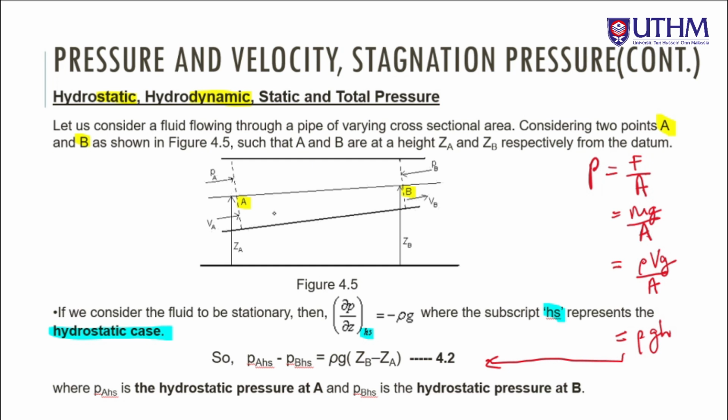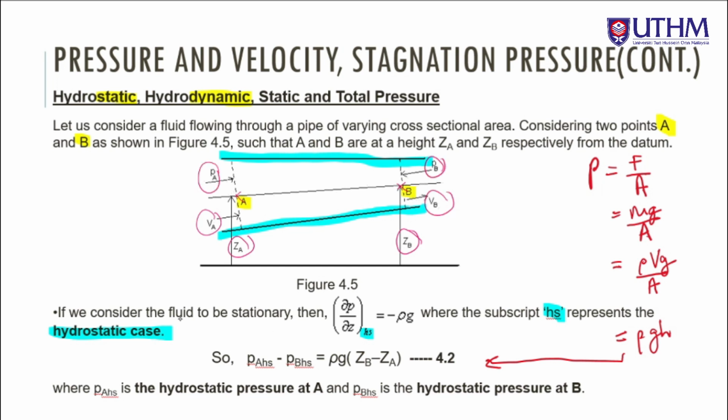So this is the pipe, a pipe with varying cross-sectional area, and considering 2 points A and B, A here and B here, such that A and B are at heights ZA and ZB. Okay, we have ZA, ZB, VA, VB and PA and PB.